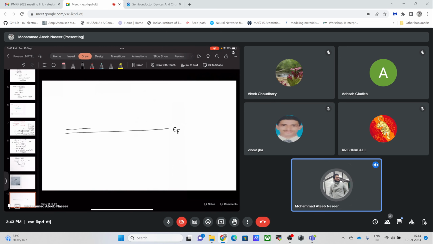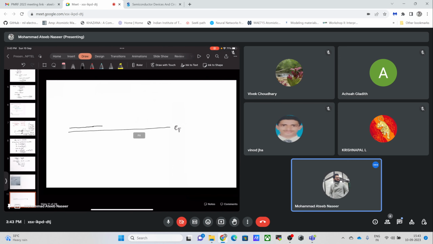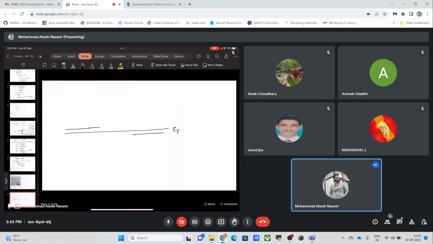The material will be n type over here in the bulk, and the material will be p type on the right-hand side in the bulk. So this is EV, this is EC, and far away it would look like this. This will be EC on the p side, and this will be EV on the n side. Now this material has some intrinsic region in it as well.